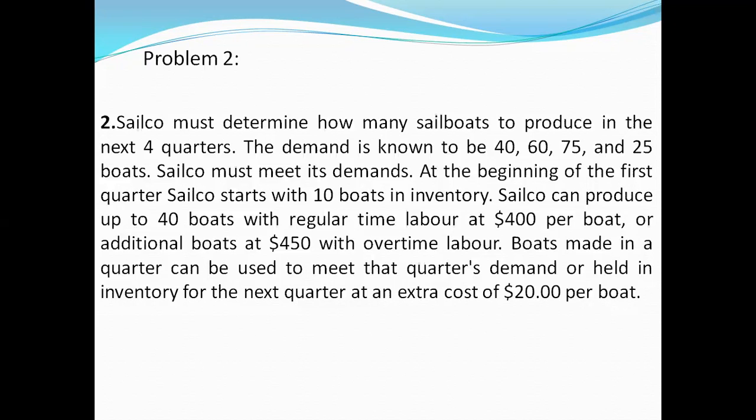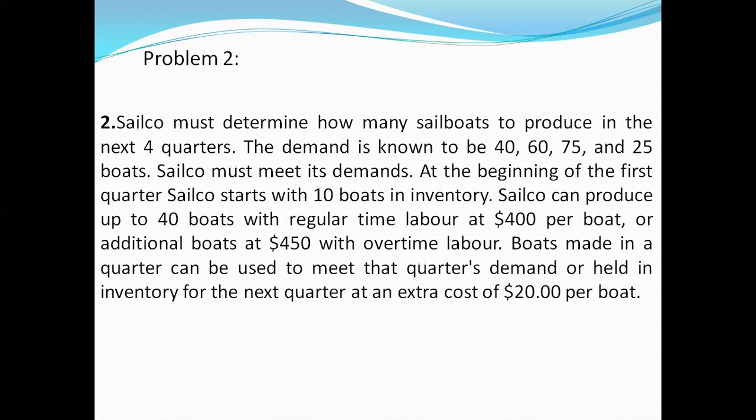Boats made in a quarter can be used to meet that quarter's demand. So 40 need to be completed in the first quarter, April to June, 60 in the second quarter, 75 in the third, and 25 in the fourth.